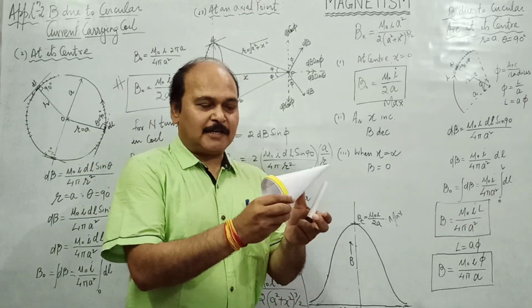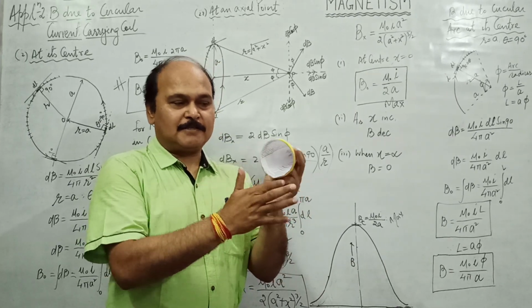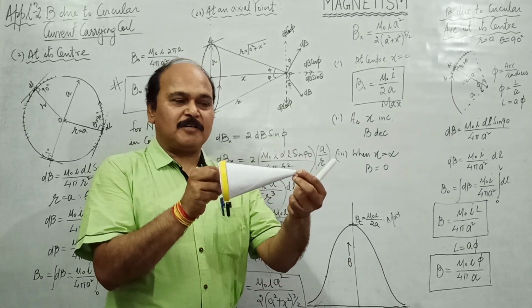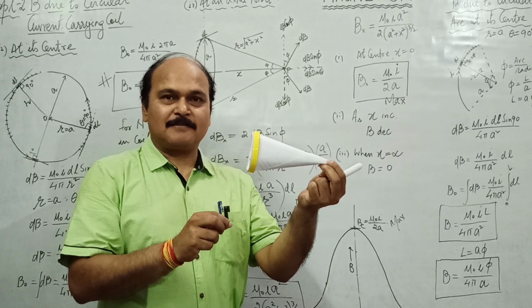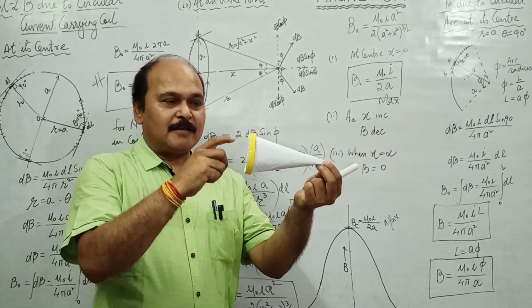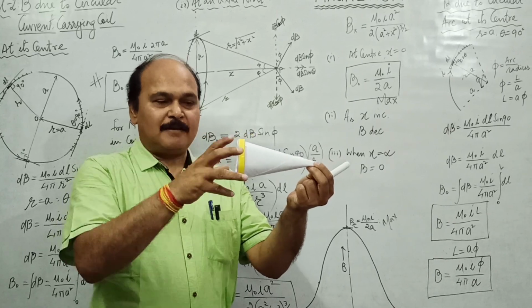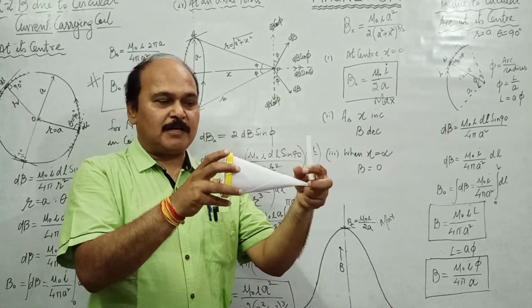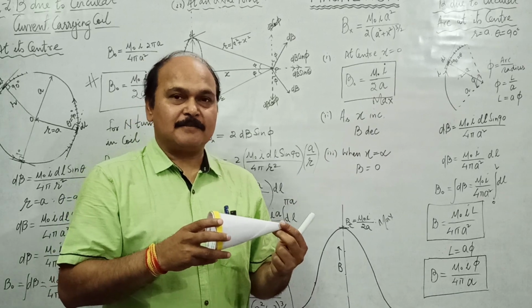The situation can be visualized like this. This is a circular current carrying coil, and this is point P over its axis. This coil is in the YZ plane, and this is the axis of the coil, which is also the x-axis.